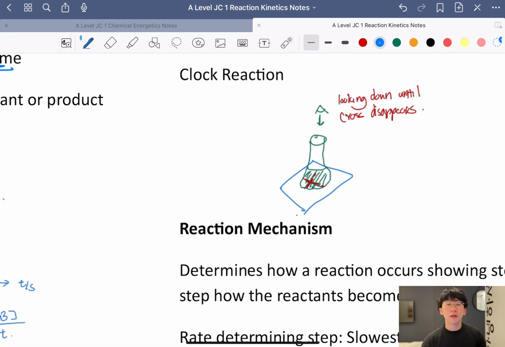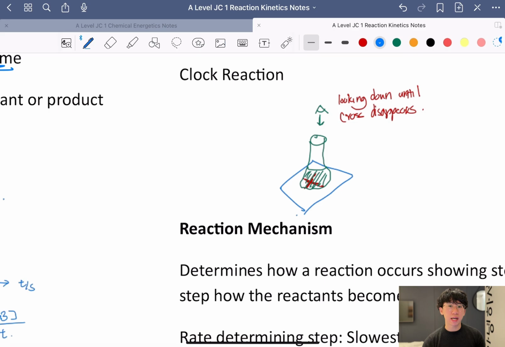This is where you typically have a cross drawn on a piece of paper underneath a conical flask with the reaction mixture, and we try to look down from above, and as the reaction proceeds, you time, and when the cross suddenly disappears from your vision, you stop the time.